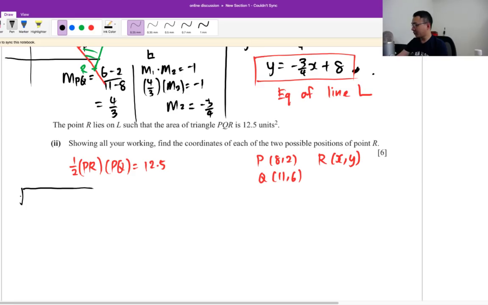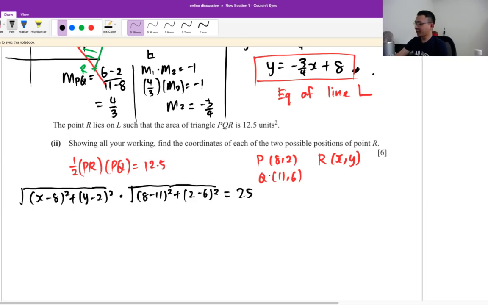PR will be P and R, I will say is the square root of (x minus 8) squared plus (y minus 2) squared, multiply PQ. PQ should be quite easy, right? PQ will be the square root of (8 minus 11) squared plus (2 minus 6) squared, equals 25, because I multiplied the half to the other side, then I get 25.